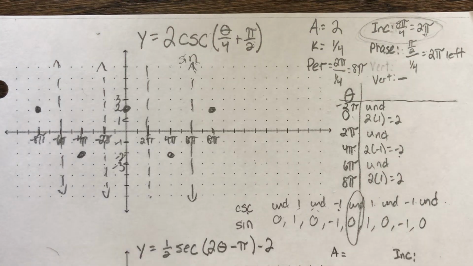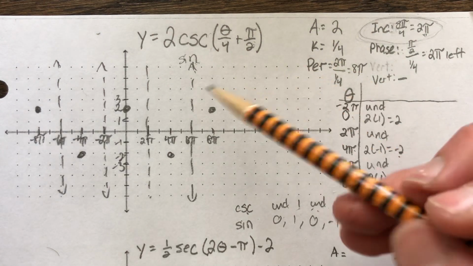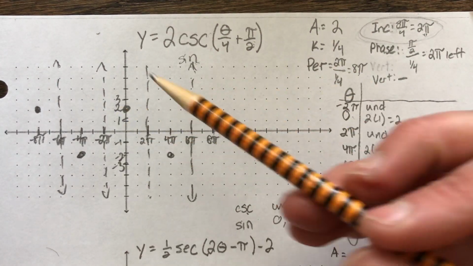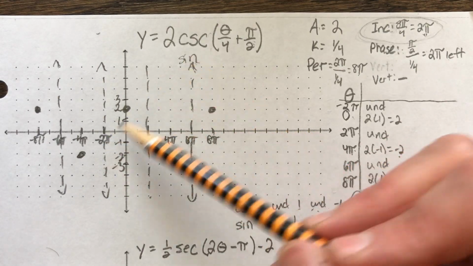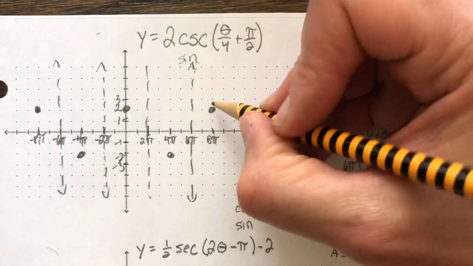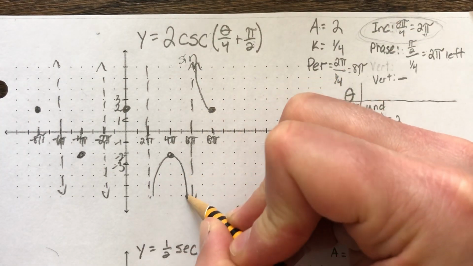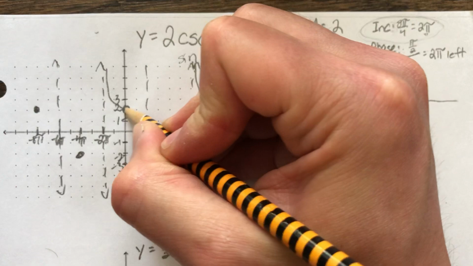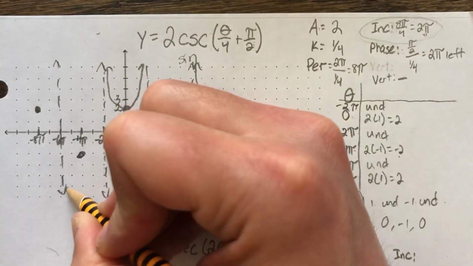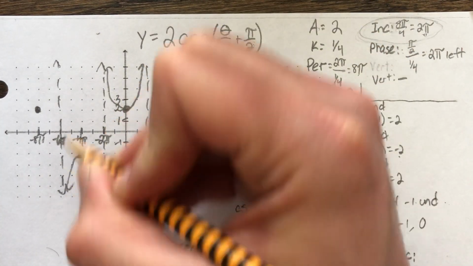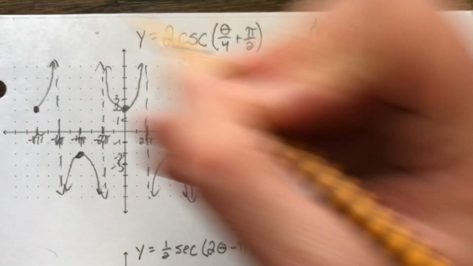Now, some people get confused about what to do next. If you want to sketch out a sine graph, you can, but they're always just U's that are alternating, going up and down. It looks like that.